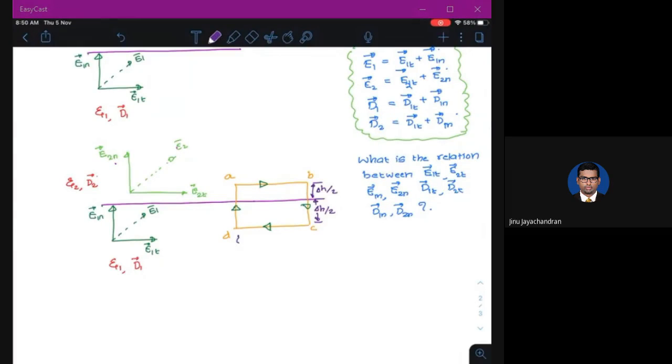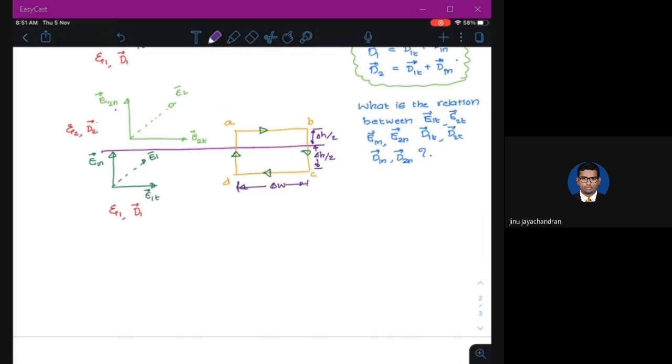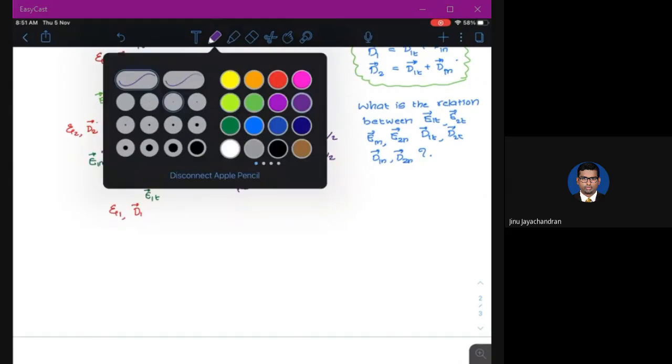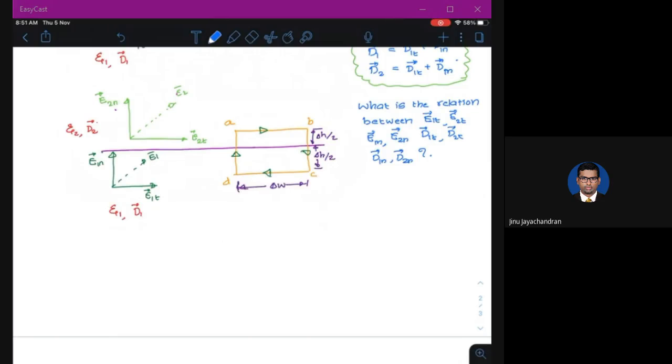Okay, and this distance is delta w. Right? So we will directly do this integration, integral E dot dl is equal to, let us travel from A to B.